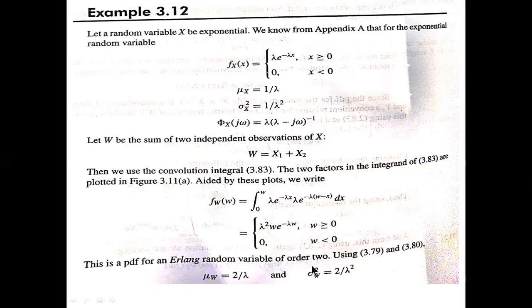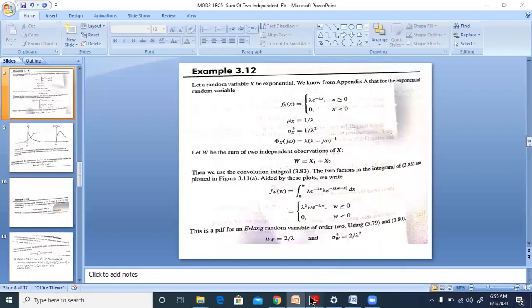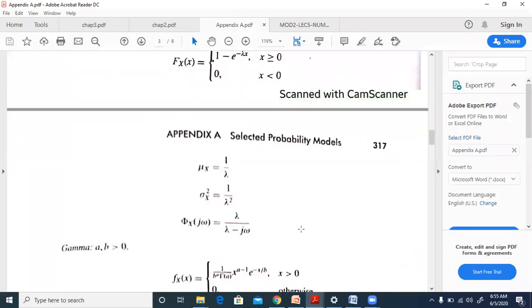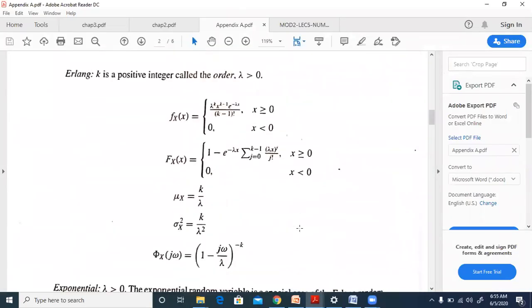So let us see the Erlang random variable. It turns out to be lambda to the power k, x to the power k minus 1, e to the power of minus lambda x, divided by (k minus 1) factorial, for x greater than or equal to 0, and 0 for x less than 0.